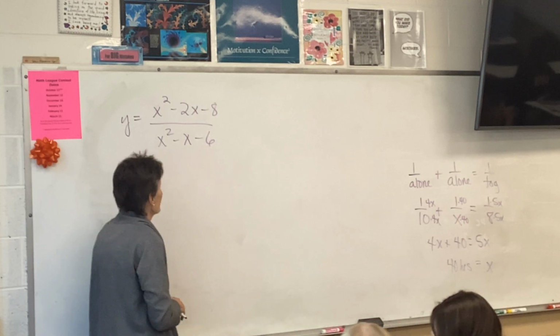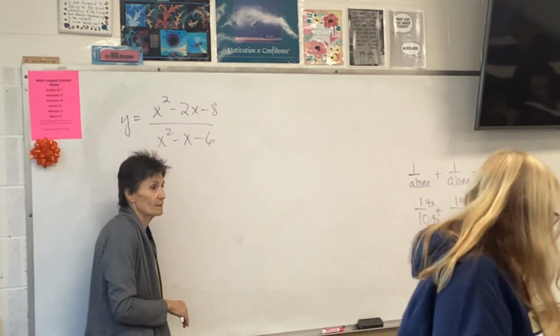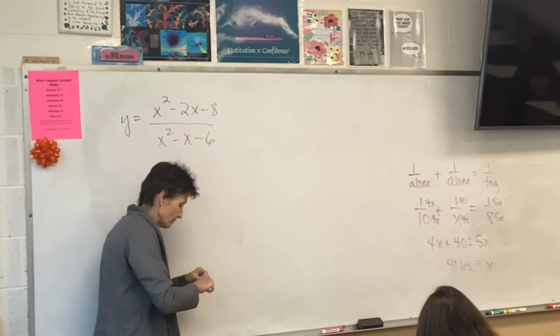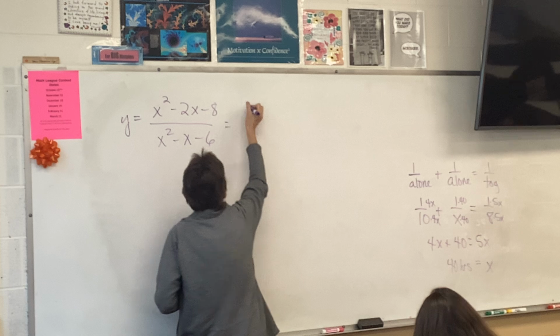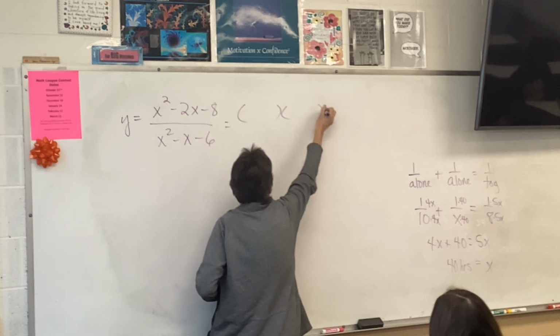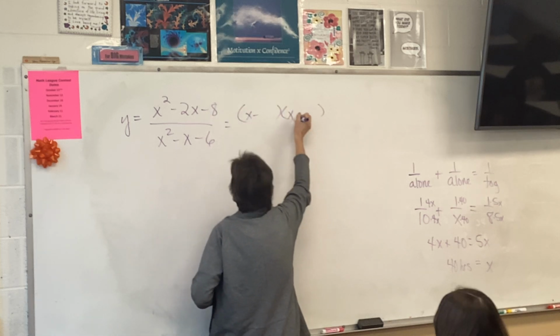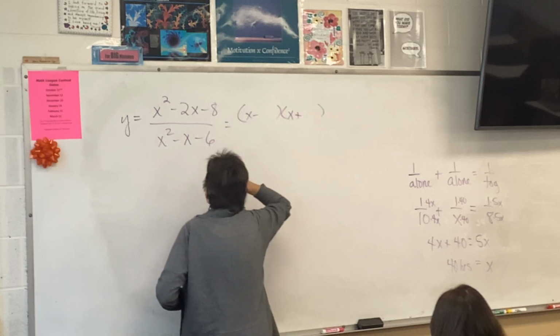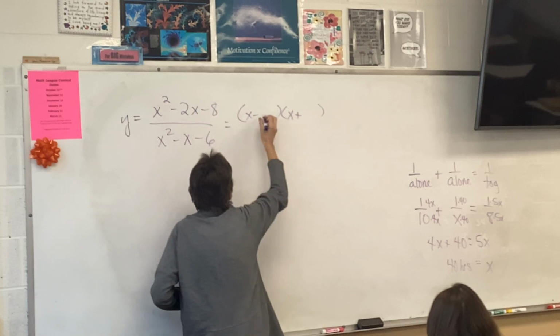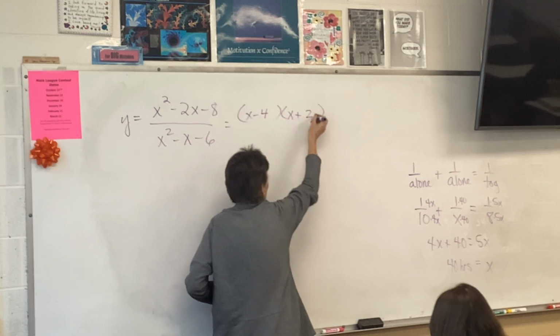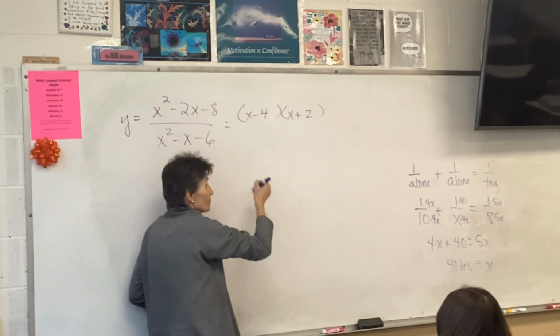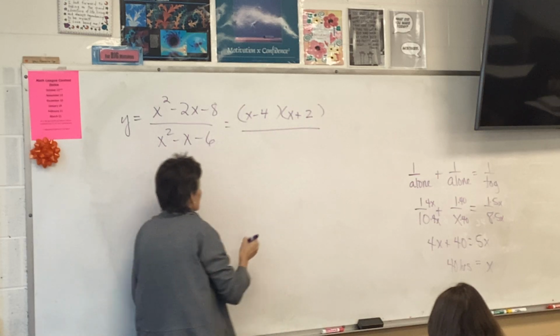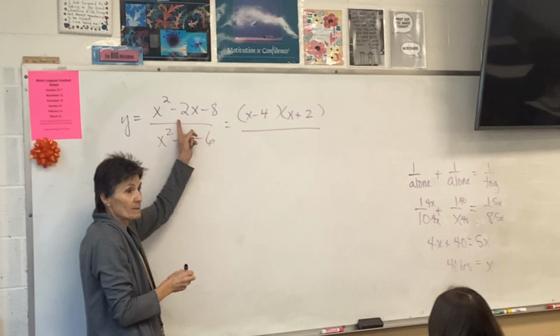What is the first thing we're going to do with that guy? Factor it. So how does my top factor? x minus 4 times x plus 2, because I need a negative in the middle there.